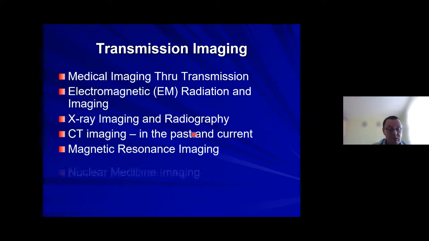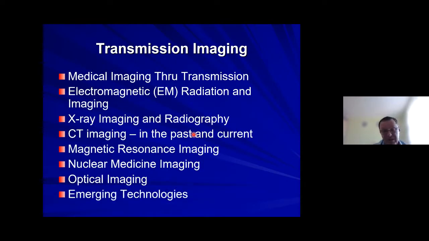Now, about the relationship between physical principles and medical images that can be obtained this way. A little bit about transmission imaging, how it works, and what kind of medical image can be retrieved in this way. So I'm talking only about acquisition of medical images, only the method of acquisition.